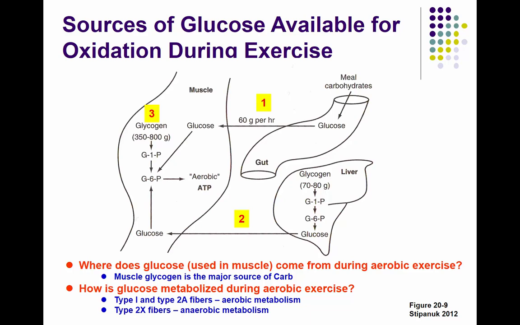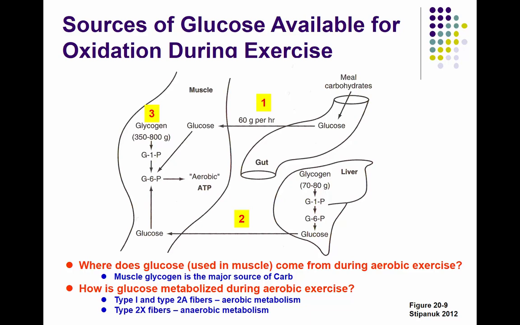Try to remember this. And in terms of sources of glucose, first, glucose is from diet, right, and goes into the circulation, and then is picked up by muscle and utilized as energy. And the second source is the glycogen in the liver, which can be broken down, and the glucose can be used in the muscle, right?